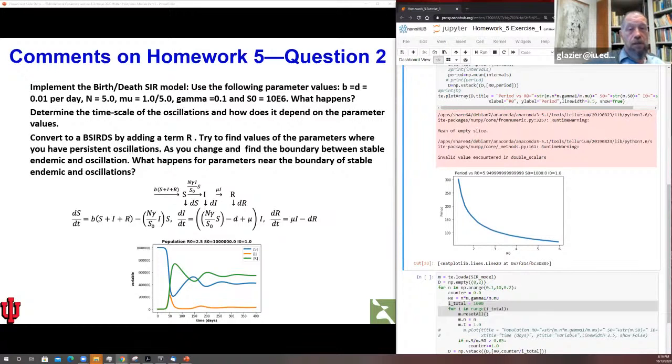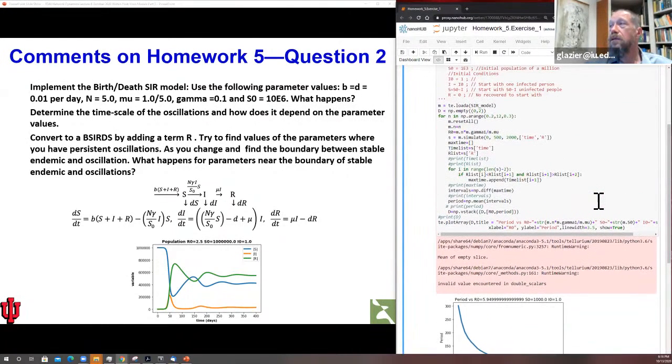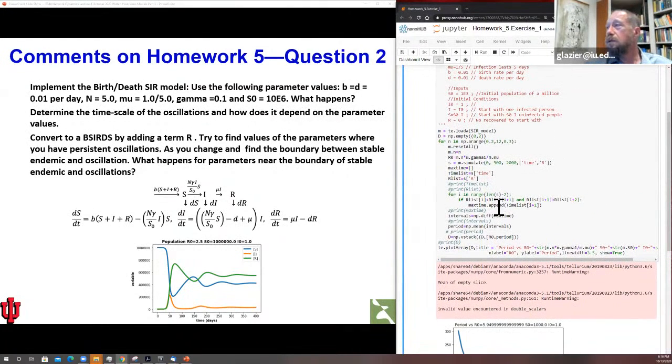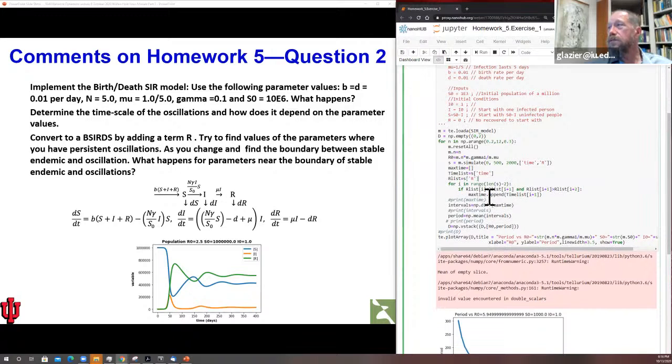In this case, we changed R naught. I want everybody to take a minute and try to catch up with that. And we can get rid of the commented out stuff, so it's simpler to look at.